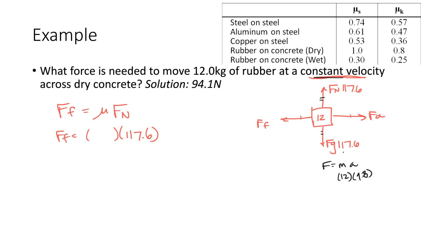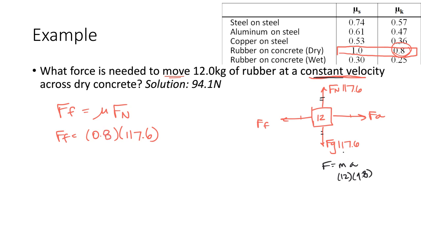Rubber across dry concrete, right here. So since it is needed to move, we have to ask ourselves if we're measuring the static or kinetic friction. And I'm going to choose the kinetic friction because I assume that by saying move, it means continue to move or keep moving.